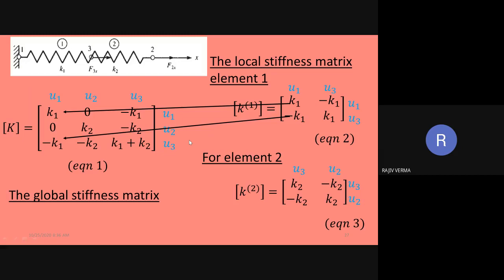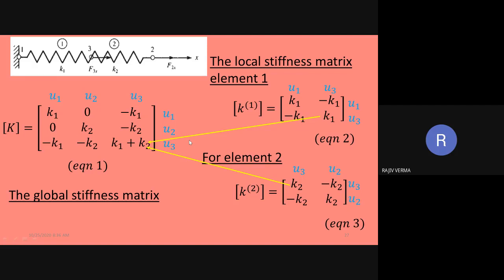Similarly, coming to some other example, element number 2, the term appearing in U2 and U3 has been kept at the corresponding place in the global stiffness matrix. Now kindly notice that the two terms appearing for element number 1 and element number 2 are going to be placed in the same location in the global stiffness matrix.